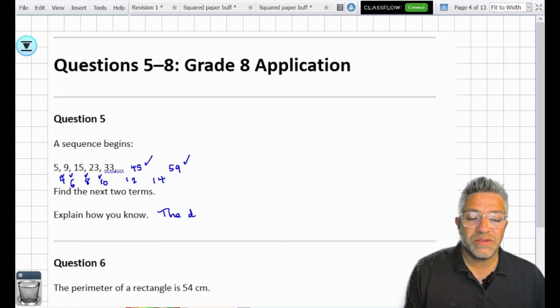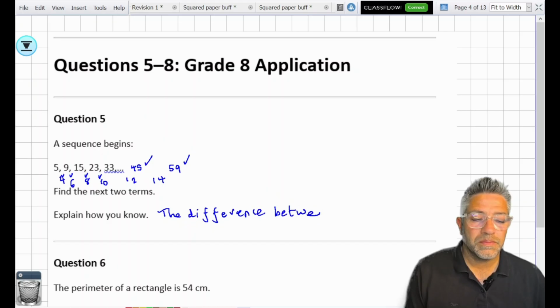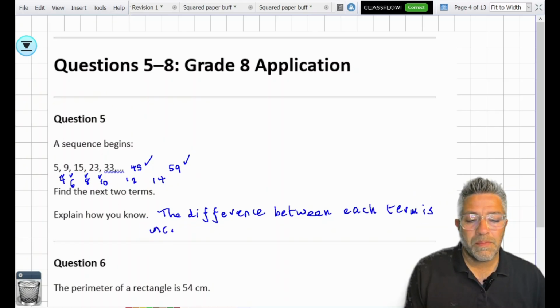The difference between each term is increasing by 2 each time.